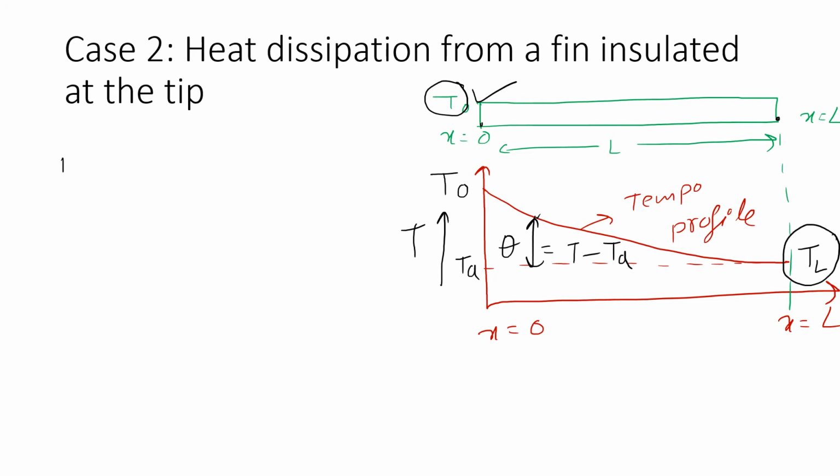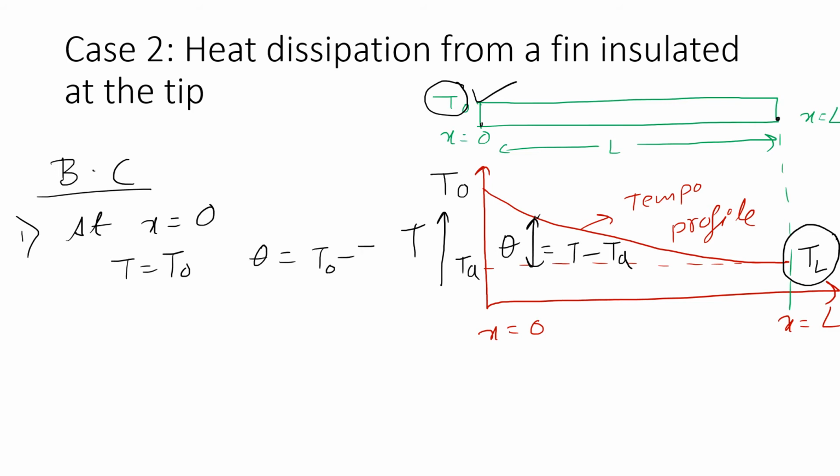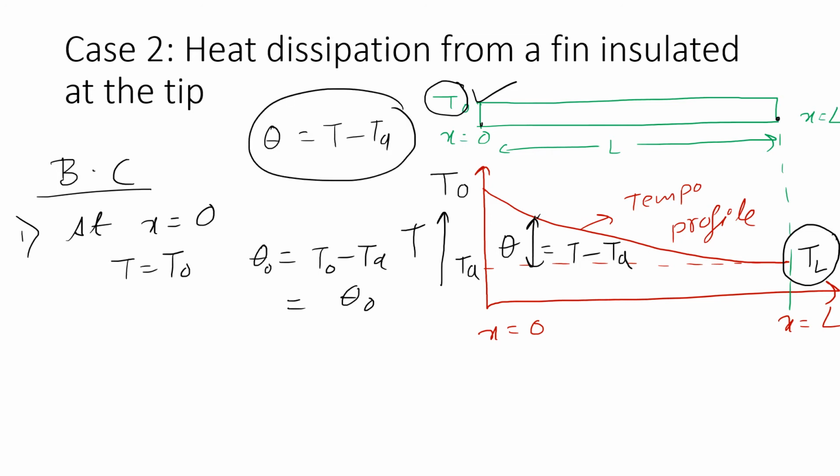So here we will write the boundary conditions. First boundary condition is at x equal to 0, T is equal to T naught. So again theta will become T naught minus Ta. We can also write it as theta naught because we are writing theta as T minus Ta. So theta naught will be represented as T naught minus Ta.